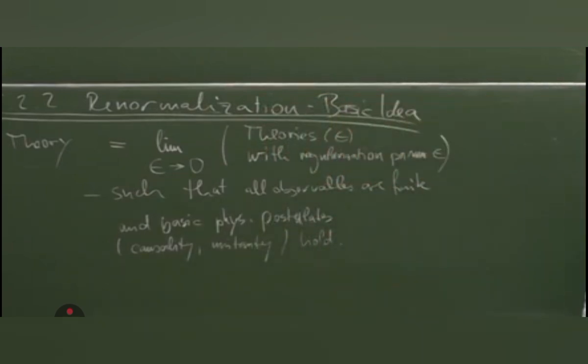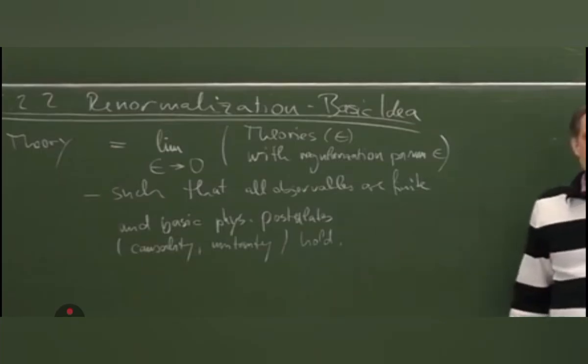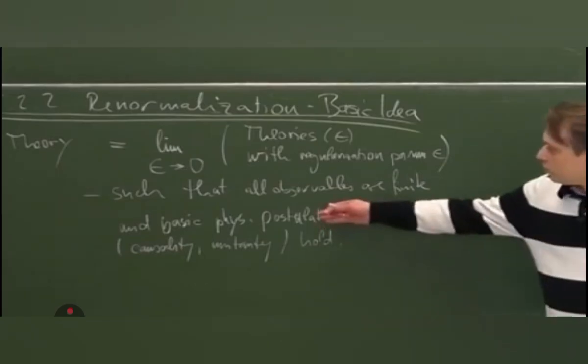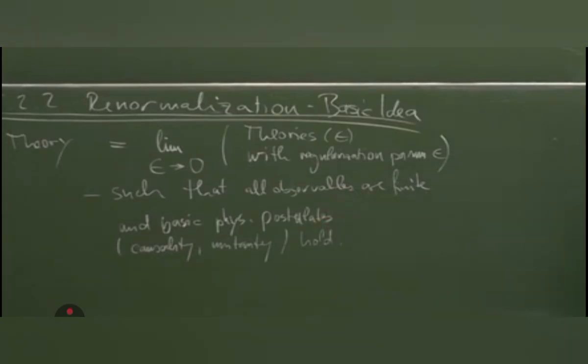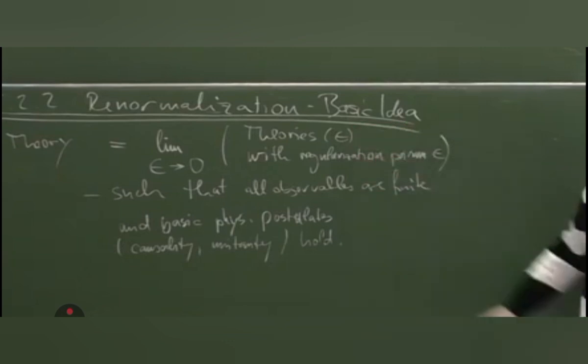Unitarity of time evolution corresponds, for example, to the unitarity of the S matrix, which we have also discussed in the context of gauge theories. And there we have written down a relationship which must hold, and we checked it at lowest order. And there the problem was these negative norm states. But you can apply similar arguments such that at one-loop level also the S matrix should be unitary, and this constrains the limit and the limiting theories that you want to obtain.